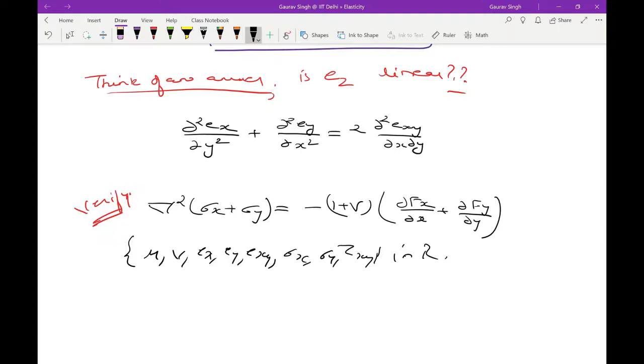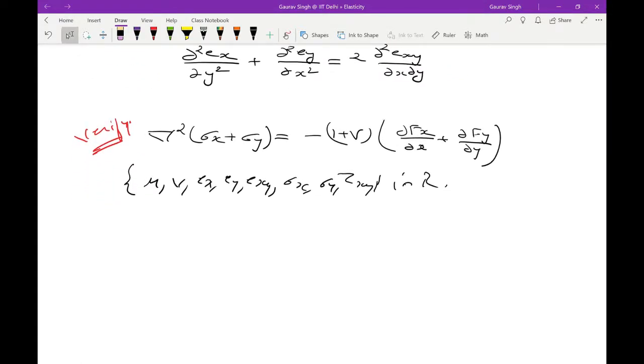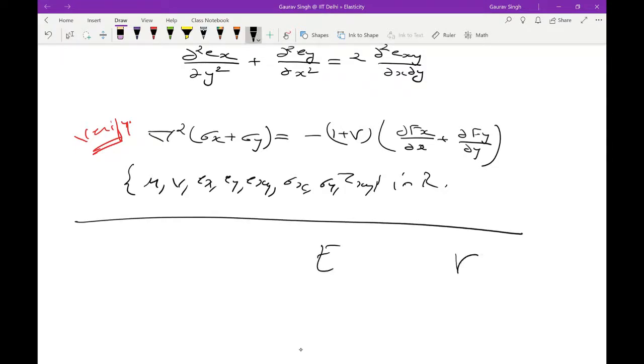Now, as you had seen, all the expressions which we are getting are actually very similar to those of plane strain. So there is a very simple conversion to be done for these equations. If you have equations for one, you can write the other.